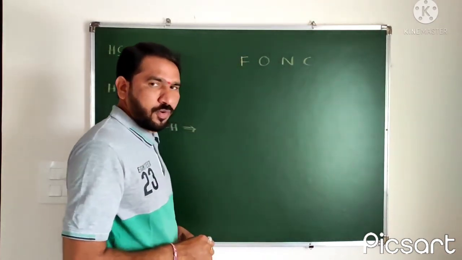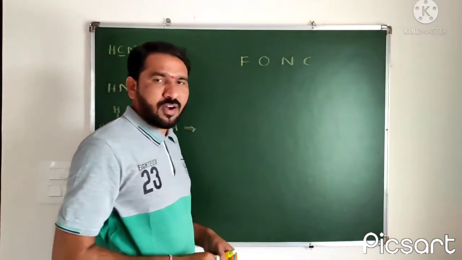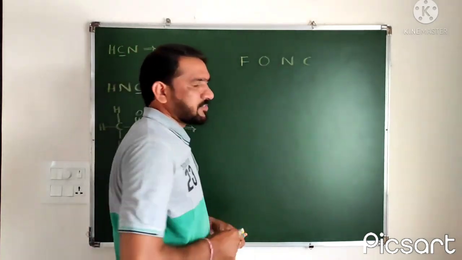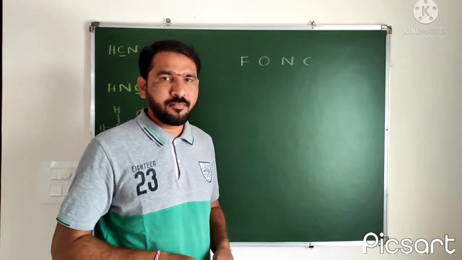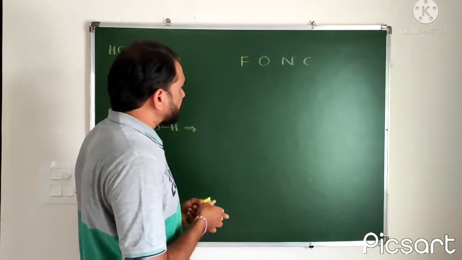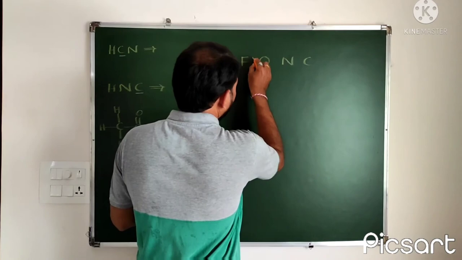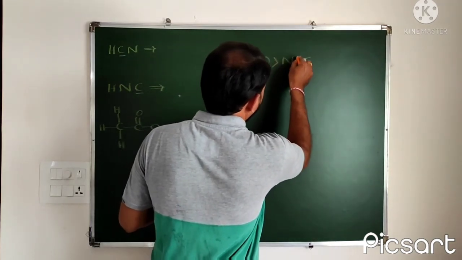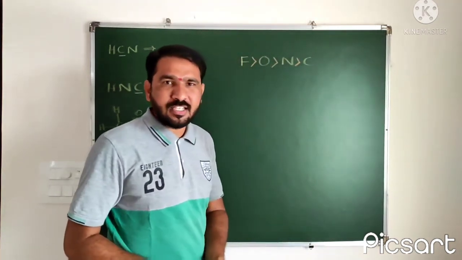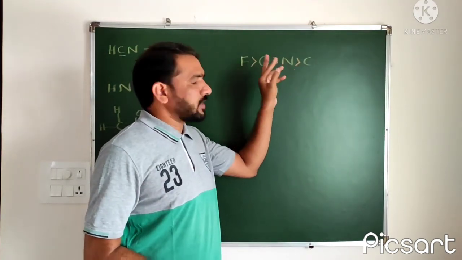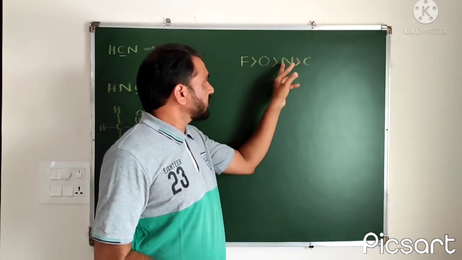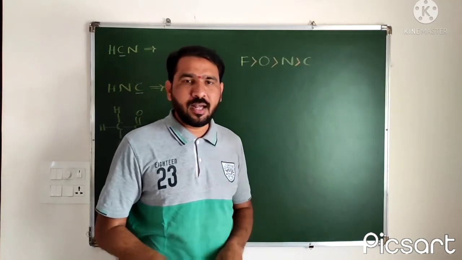F stands for fluorine, O stands for oxygen, N stands for nitrogen, C stands for carbon. Then the electronegativity order is like this only. Fluorine is more electronegative than oxygen. Oxygen is more electronegative than nitrogen. Nitrogen is more electronegative than carbon.